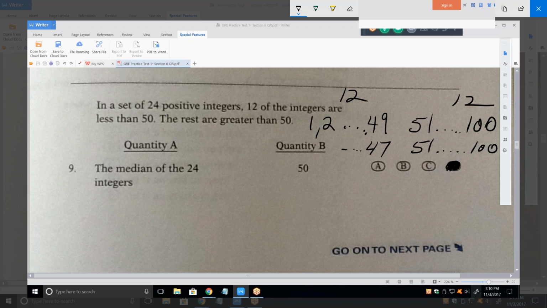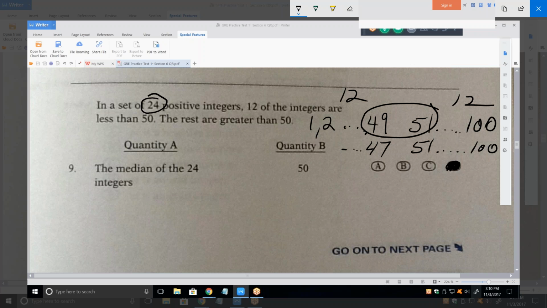In other words, had they given you an odd number of numbers, then the median is always definitive. It's always the middle number. Oh, okay. But when they give you an even set of numbers, the median is the average between the 12th and the 13th number.